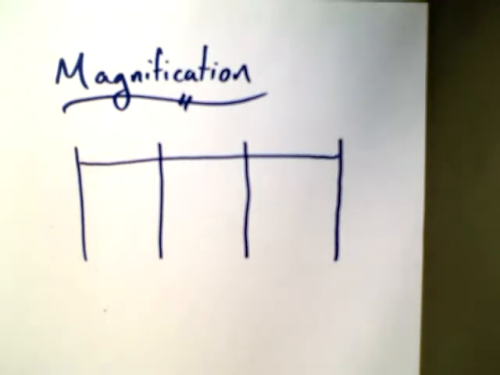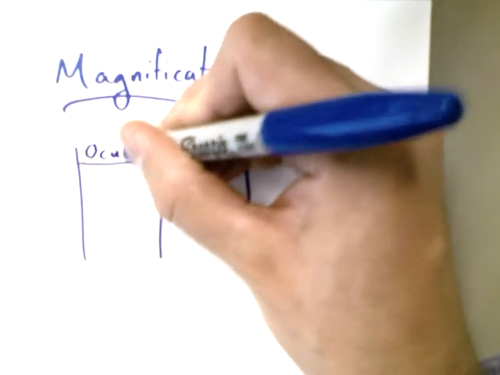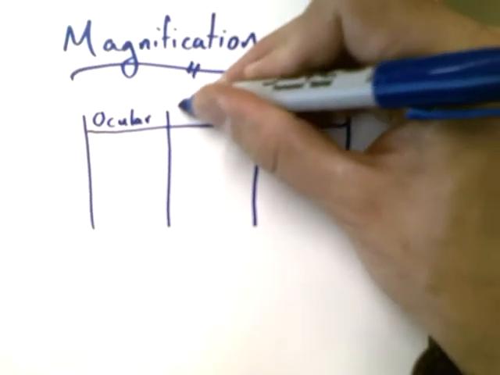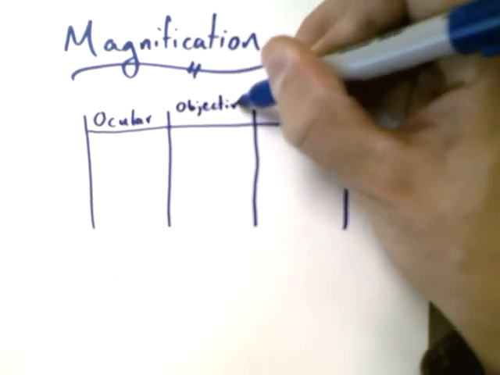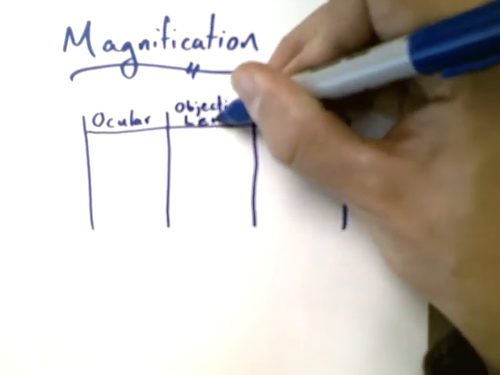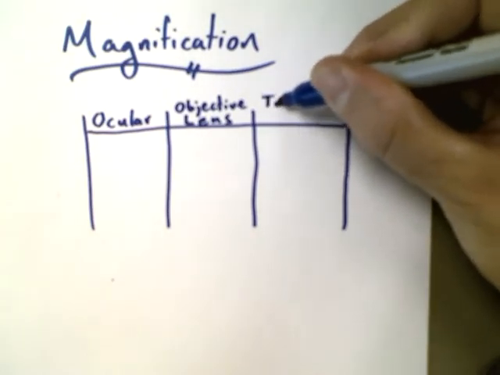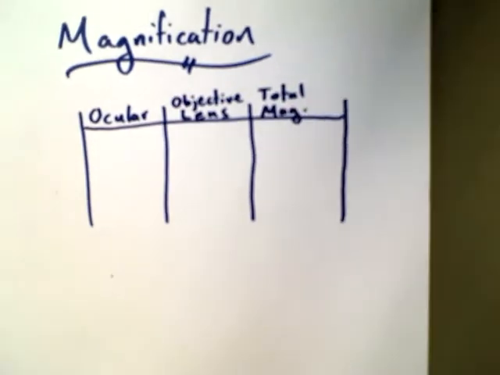I'm plugged in. So there are two lenses that you want to think about in particular. Ocular, the objective lens, and together they give you total magnification, total mag.